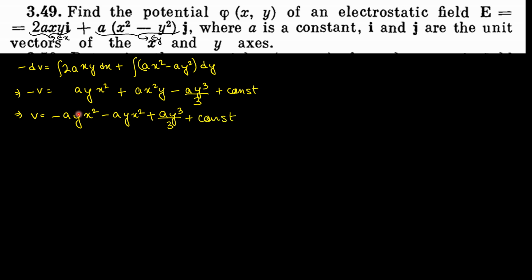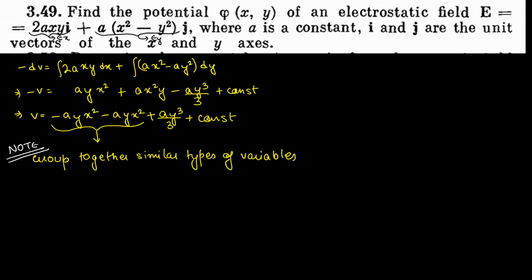Now the primary intuition you might have is minus 2ay x square minus 2ay x square is equal to minus 2ay x square, but that would be wrong. Whenever you have similar types of variables, group them together. Always group together similar types of variables.